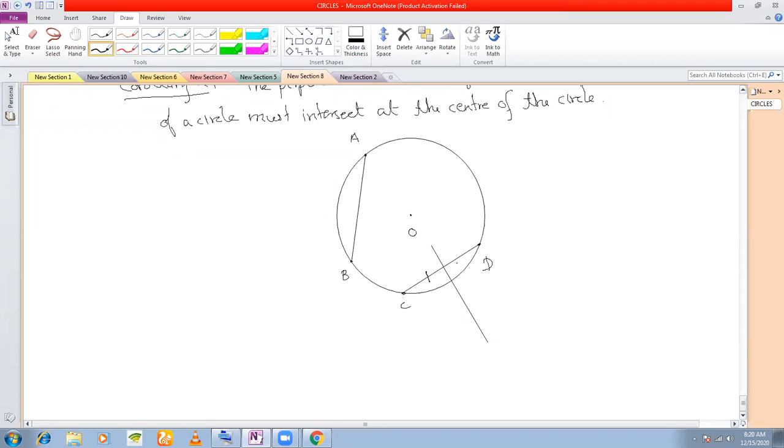Perpendicular bisector means this part is equal to this part. Another perpendicular bisector.